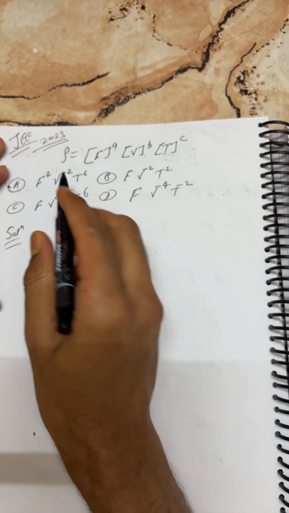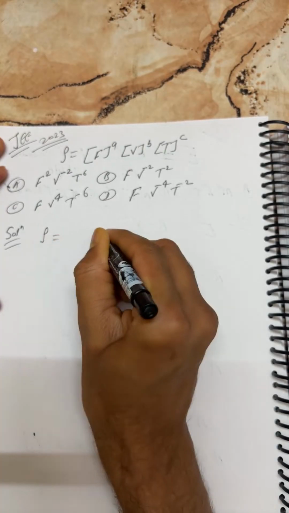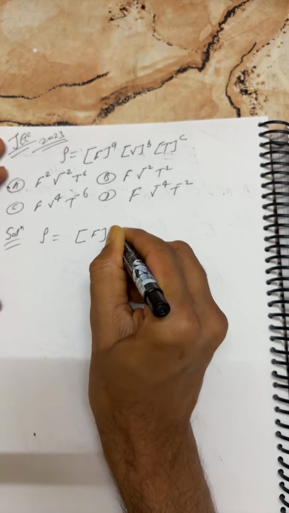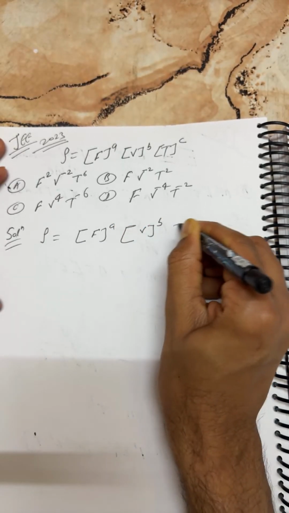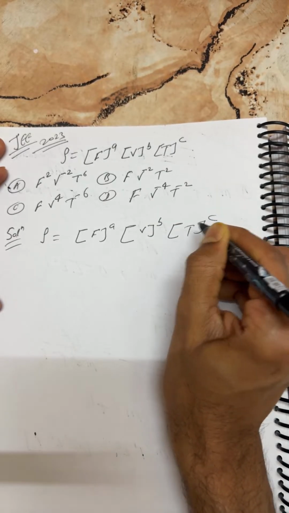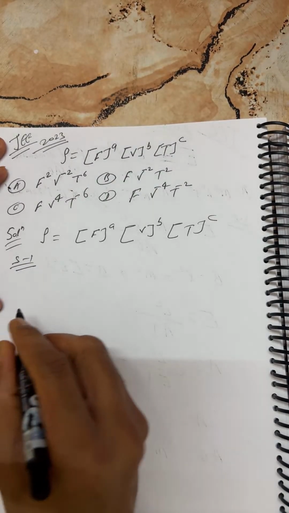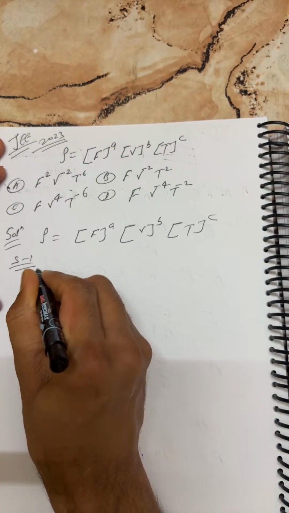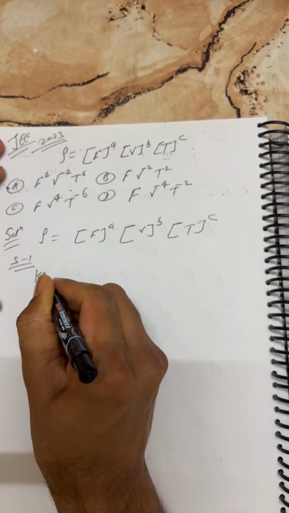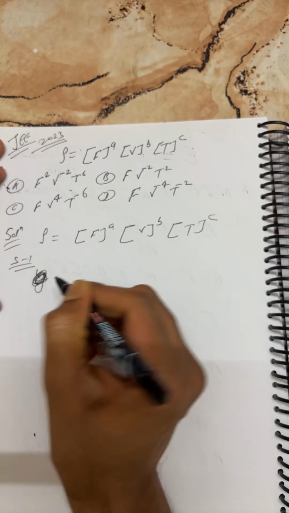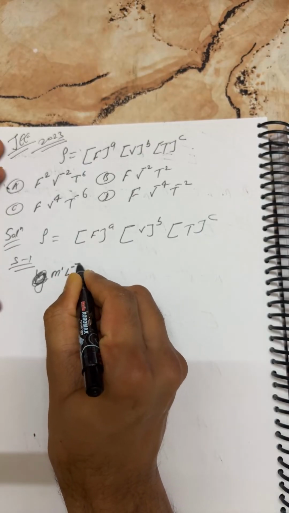Same as usual, write down the dimensional formula of both sides. First I'll write the equation: rho is equal to force to the power a, velocity to the power b, time to the power c. What's the first step? Write down the dimensional formula of both sides. Density is kilogram per meter cubed, so its dimensional formula is M1 L to the power minus 3.